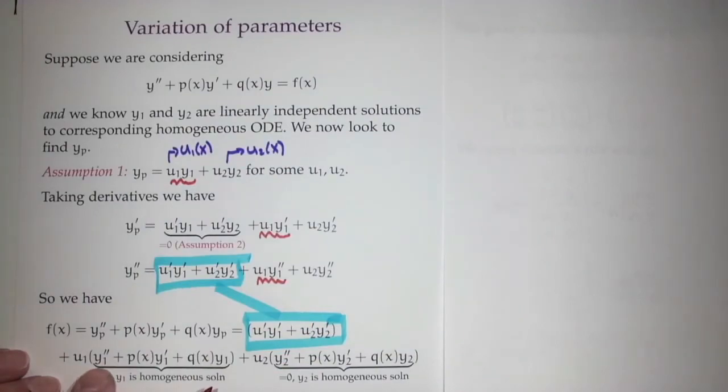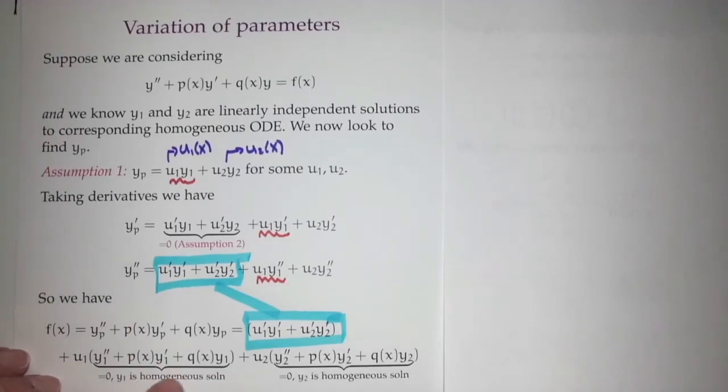What can be said about Y1 double prime plus P of x, Y1 prime plus Q of x, Y1? If you need a hint, it says it right underneath it. Yeah, it equals 0. Good. Why? Because it's homogeneous. That was our assumption. We said, hey, we have these two pieces which we know are 0. So that part goes away.